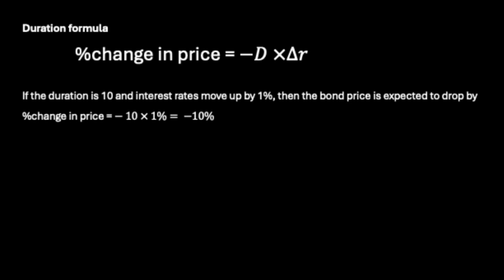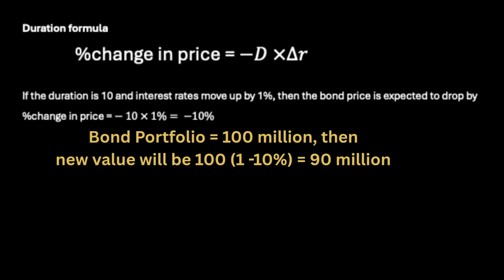So if the duration is 10 and interest rates move up by 1%, then the bond price is expected to drop by negative 10 times 1%, which is equal to negative 10%. So if the bond portfolio is worth 100 million, then the new bond portfolio will drop to 90 million should interest rates move up.